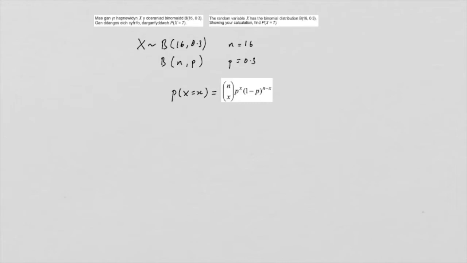So in this question we want P(X = 7), so we can put our numbers in, and we have 16 for n, 7 for x, p is 0.3, so that's to the power of 7, and then 1 minus 0.3 is 0.7, and n minus x, which is 16 minus 7, is 9.